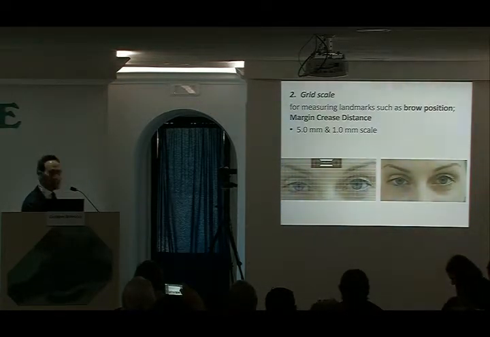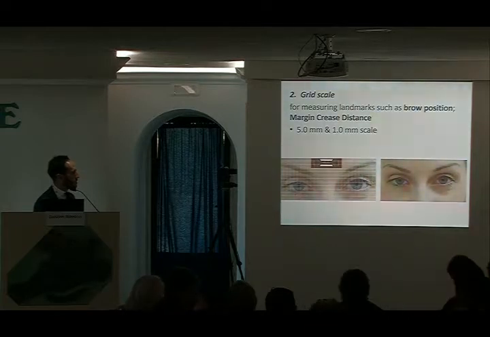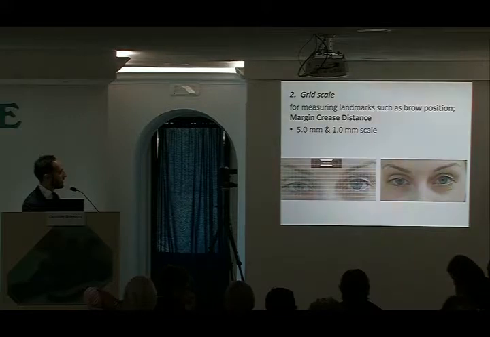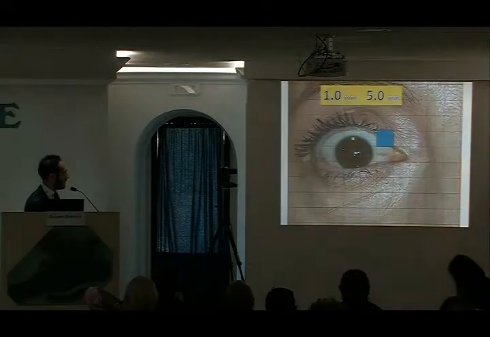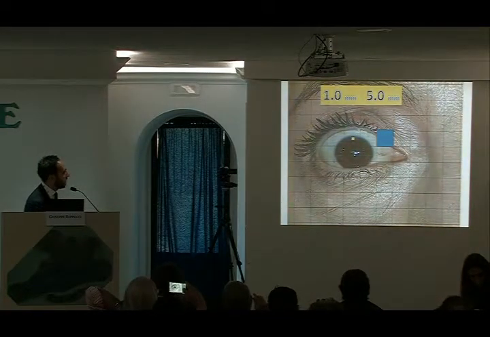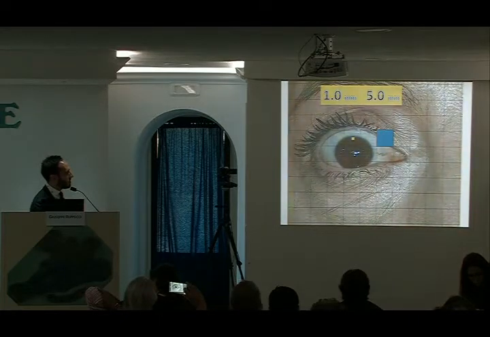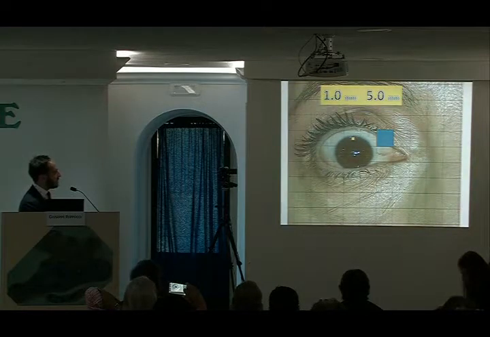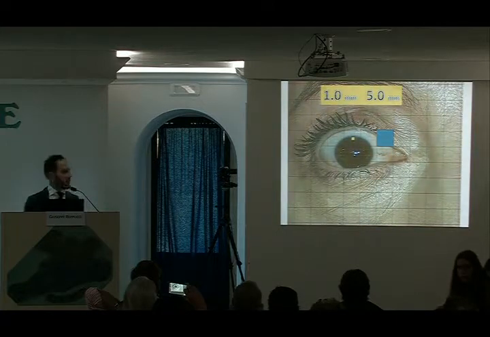The second type of data report that we have includes a high-resolution overlaid grid with one high-resolution photograph that is generated by the software. This is very important for measuring landmarks such as brow position or margin crease distance. Here we can see clearly the overlaid grid. Each dark square, the big one, represents 5 millimeters by 5 millimeters on a patient's face, whereas each lighter square, the small one, represents 1 millimeter by 1 millimeter on the patient's face.